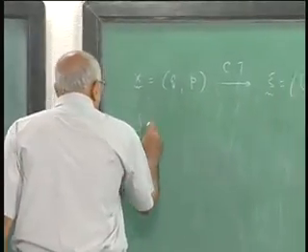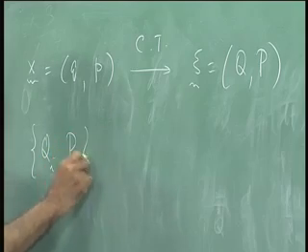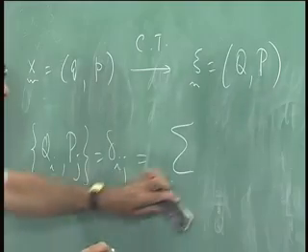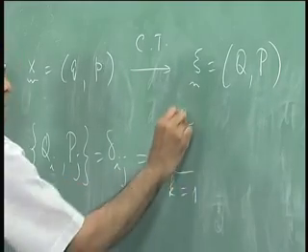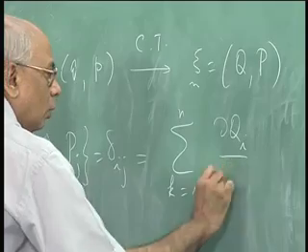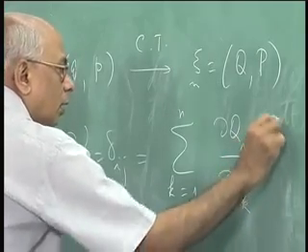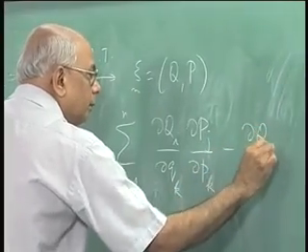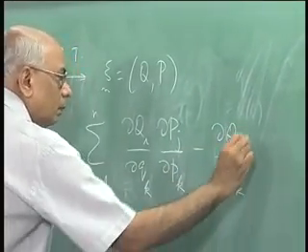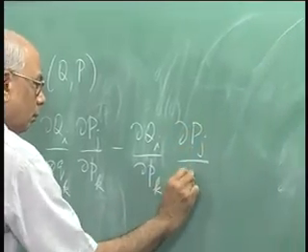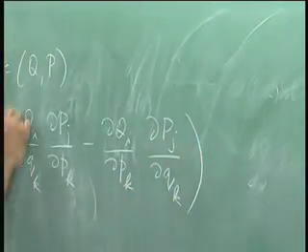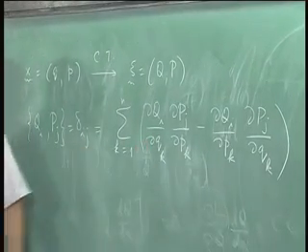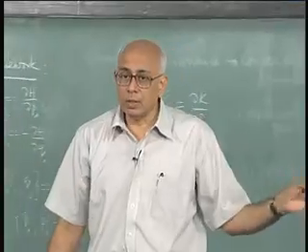It says the Poisson bracket of Q_i and P_j equal to δ_ij implies this is equal to a summation from k equal to 1 to n of ∂Q_i/∂q_k ∂P_j/∂p_k minus and so on, because that is the meaning of the Poisson bracket. So it says that this set of relations must be true.